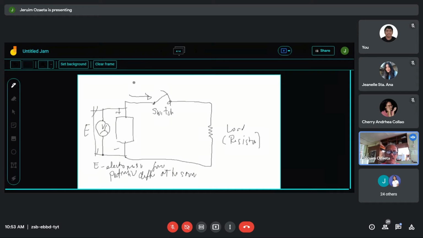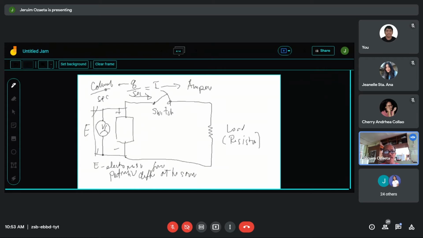This charge will flow at the rate of coulomb per second, which is your current I. So the unit of coulomb per second is equal to 1 ampere.